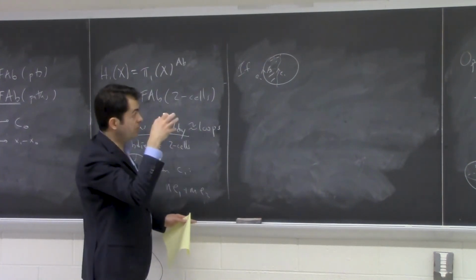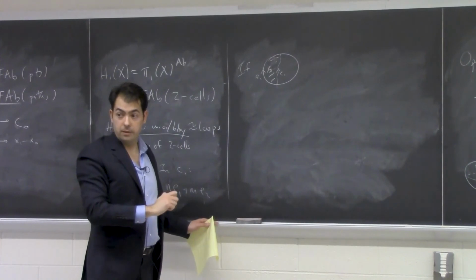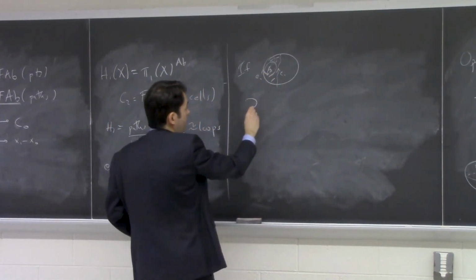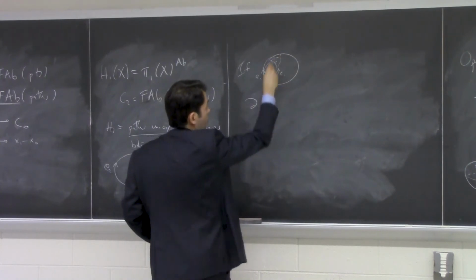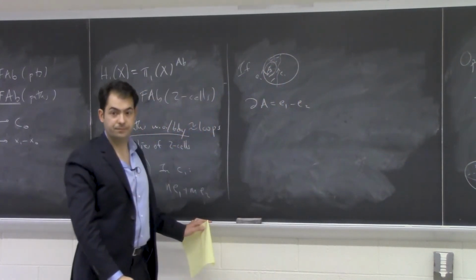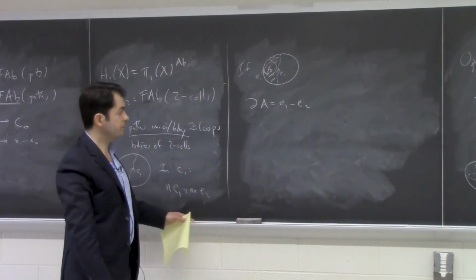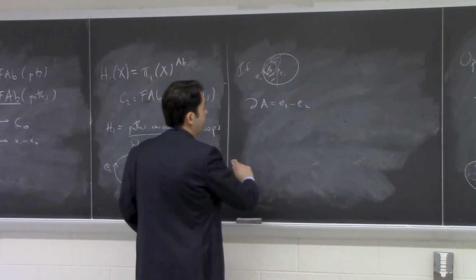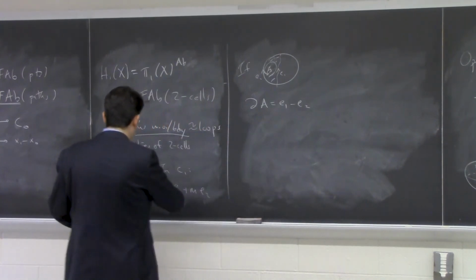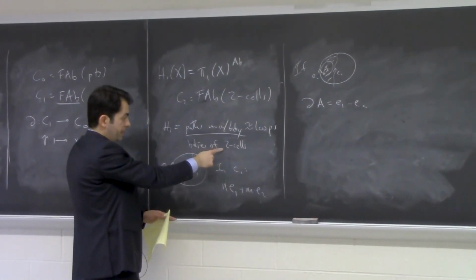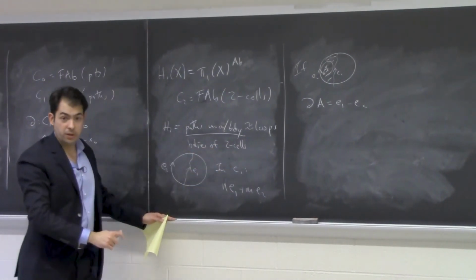The attaching map is some way of gluing that in. So you would glue it in like that, say. Then the boundary of A would be go along E1 and come back along E2. Okay, and so you can see that we're really getting just loops mod out by boundaries of 2-cells.